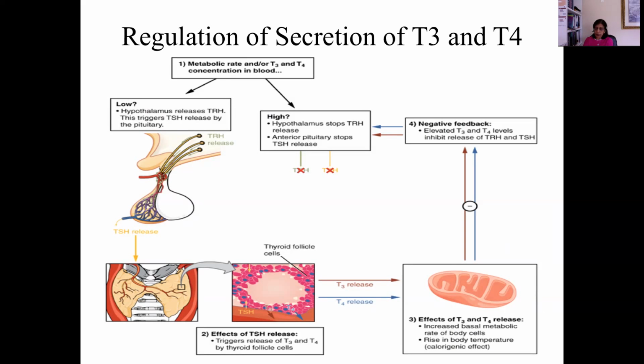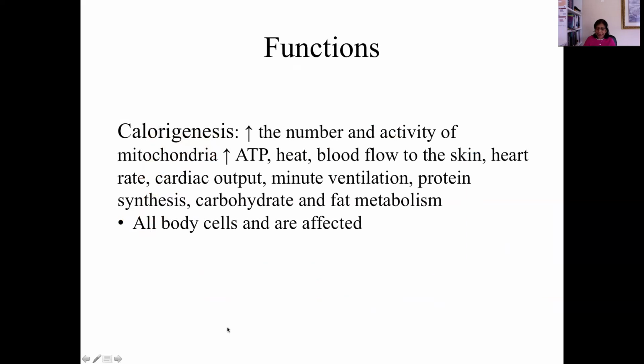Now, to be more specific, where exactly do T3 and T4 act? You may want to use a term, calorigenesis. Calorigenesis is the production of calories, which is basically the production of ATP. Production of ATP, as you may recall, is mainly in the mitochondria, correct?